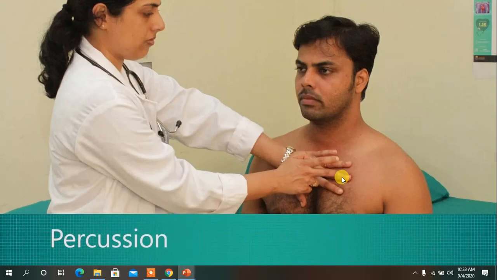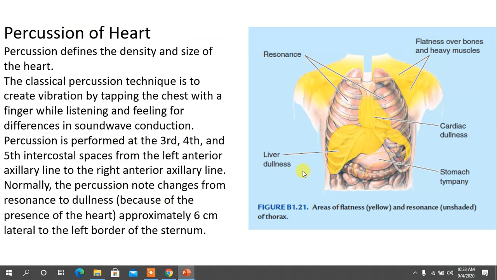This can be felt, and it can be practiced normally, and this is how percussion is done on the patient. Percussion of the heart means defining the area of the heart over the chest.